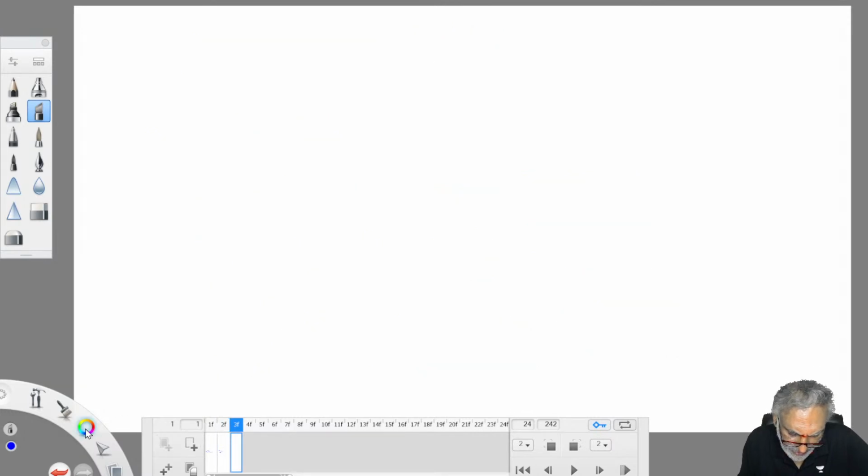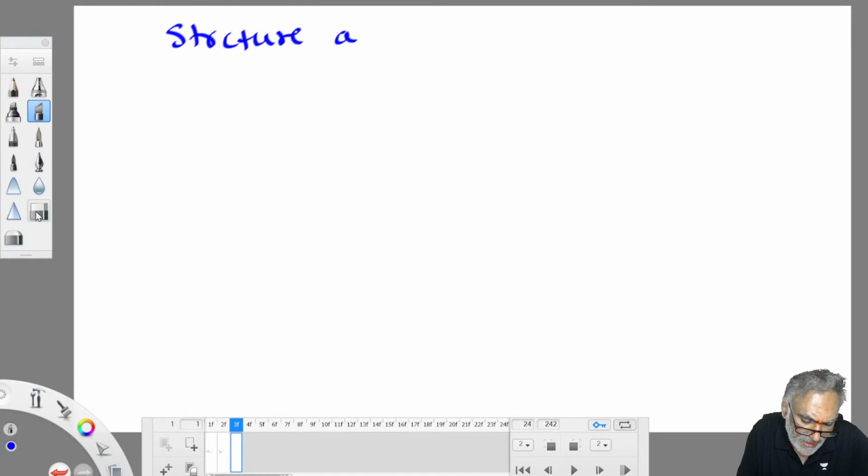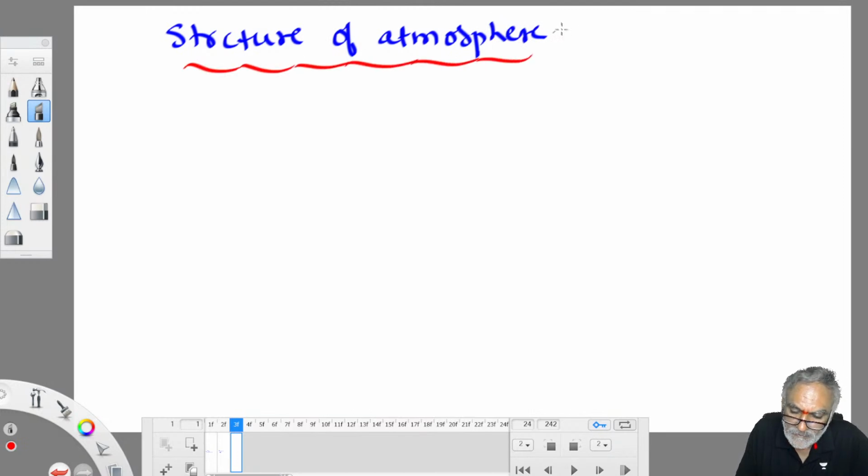And this air is filled in the atmosphere. If you see the structure of atmosphere, the atmosphere is divided into 4 distinct zones.